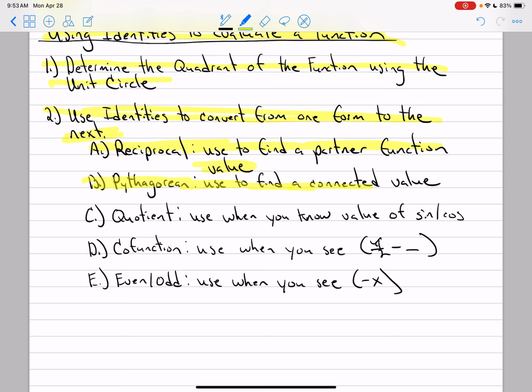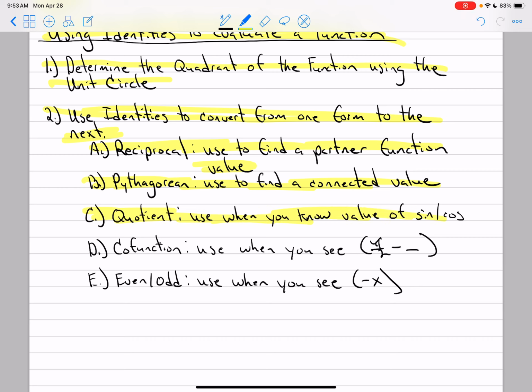2, use those Pythagorean identities to find connected values, right? So if you know a sine, you could find cosine by solving it. If you know cosecant, you can learn cotangent from it. If you know tangent, you can learn secant from it. Okay? 3rd, use those quotient identities.